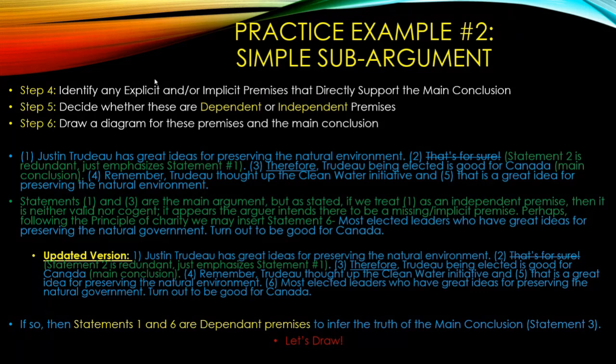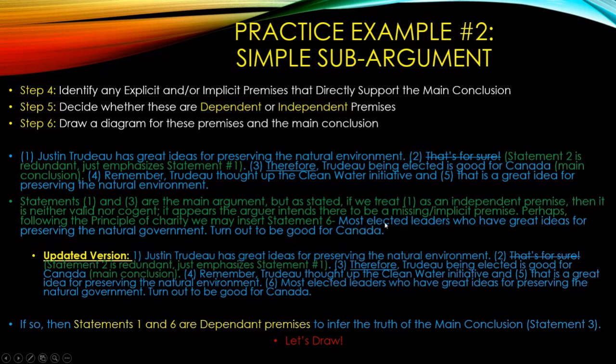One thing I should note here, I made a mistake. Remember, I said when we're following the principle of charity, we need to follow the quantifiers that are appropriate for what the arguer intends. Now look here, they say therefore. They don't say therefore probably or most likely Trudeau. So technically, I shouldn't have said most elected leaders here.